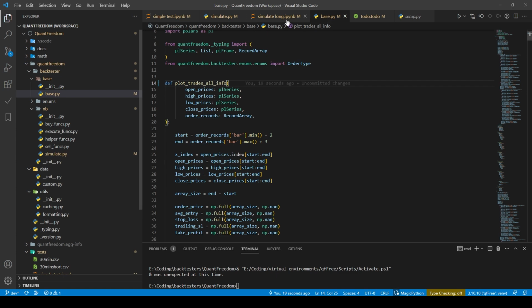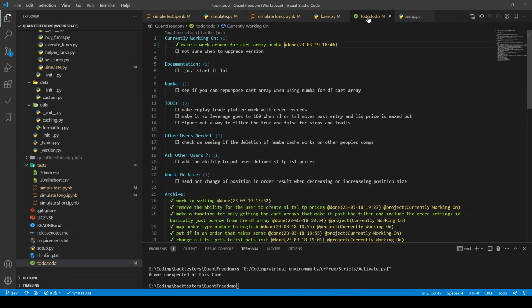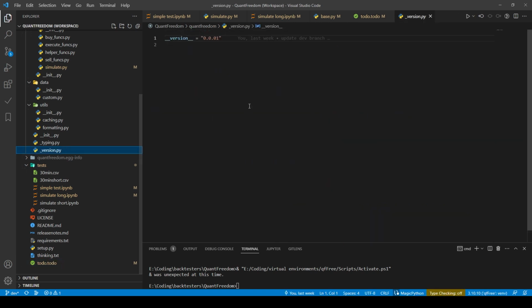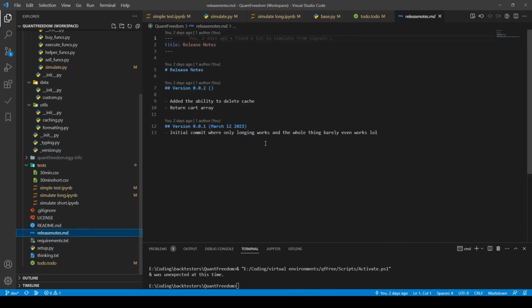What? Upgrade the version? Can't think of anything else. Oh, I gotta do the release notes.